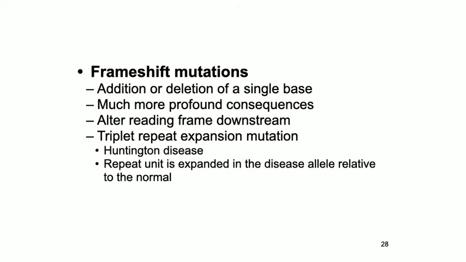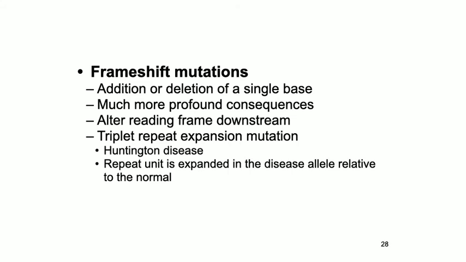This can also lead to triplet repeat expansion mutation, where in places where there are triplet repeats, so like you have CGA, CGA, CGA, CGA, for example, it will tend to repeat itself even more after a mutation.